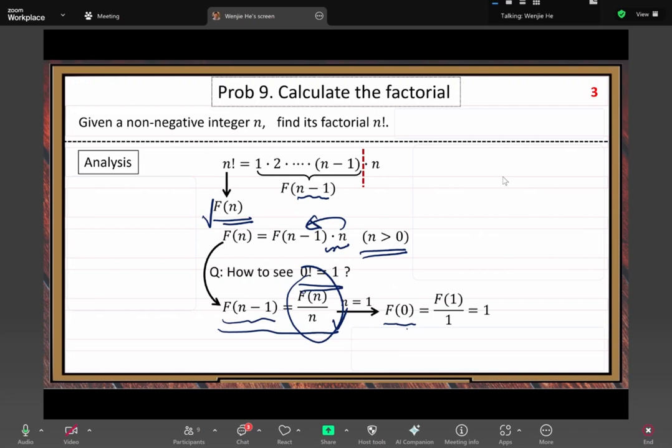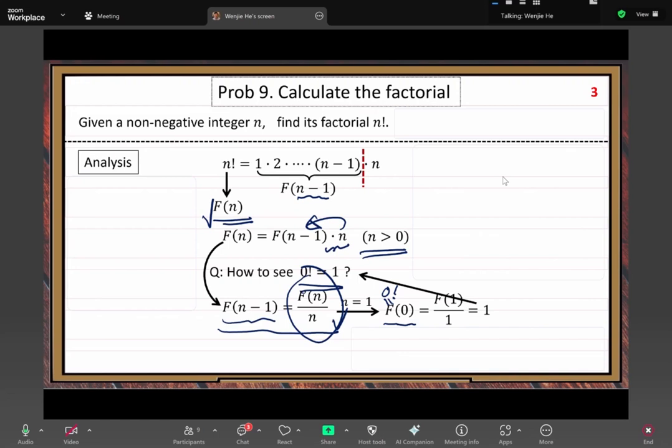Is the meaning of f of 0 just 0 factorial? Based on our notation, we define f of 0 as the factorial of that parameter number. Here, it corresponds to 0 factorial. Now, the equality should hold, right?